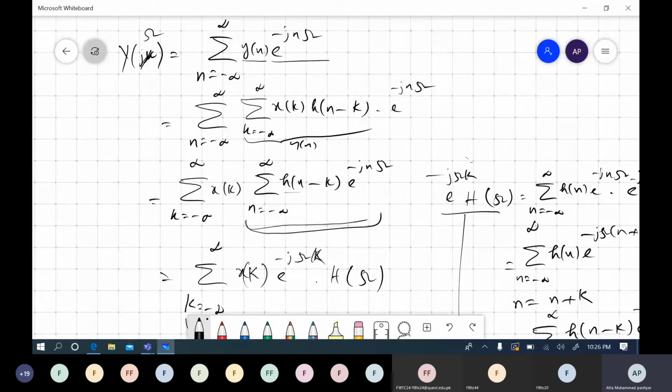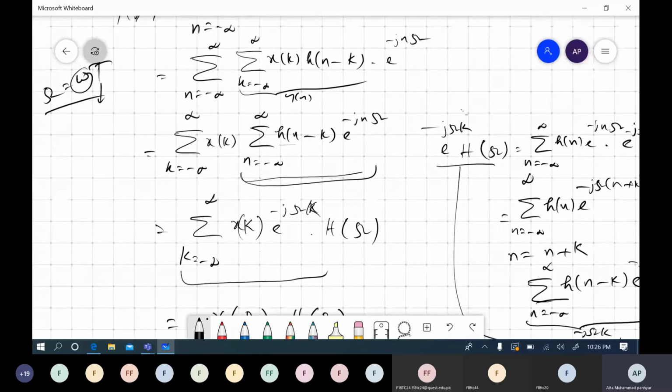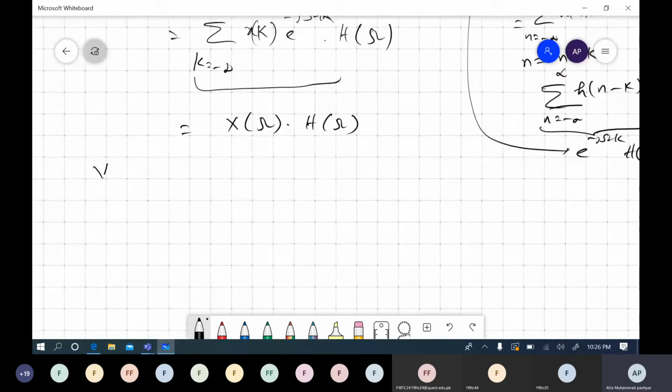So in order to make a difference, this must be capital omega, and capital omega, remember, is equal to omega T, where this is the actual frequency and this is the sampling interval. So Y of omega is equal to X of omega multiplied with H of omega.